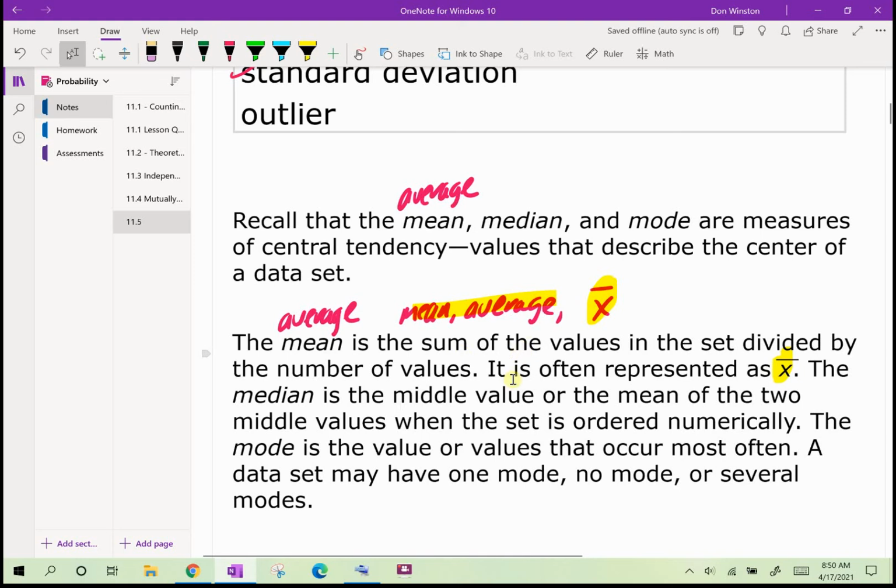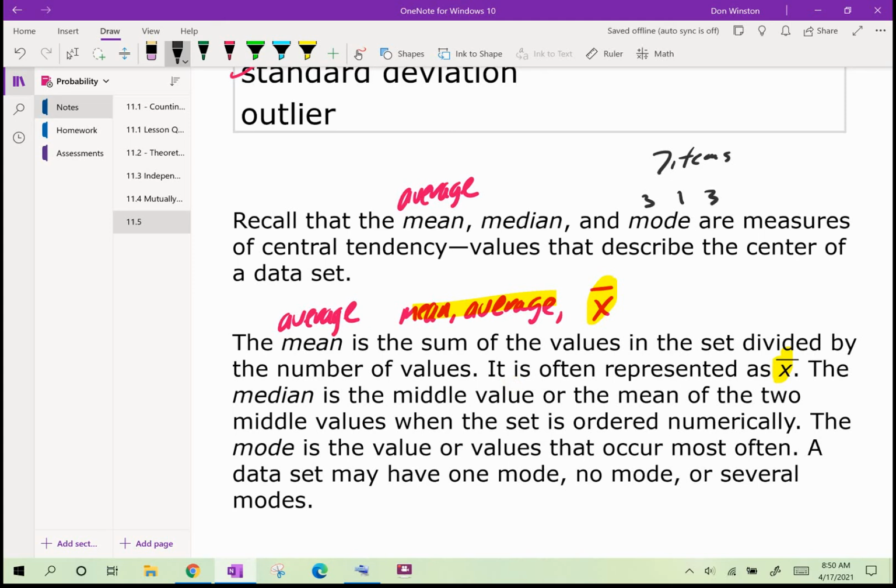The median is a middle value or the mean of two middle values when the set is ordered numerically. So if you have an odd number of items, like 7 items in a data set, the median will be the number right in the middle. You'll have the first 3 numbers, then your median, and then your other 3 numbers.